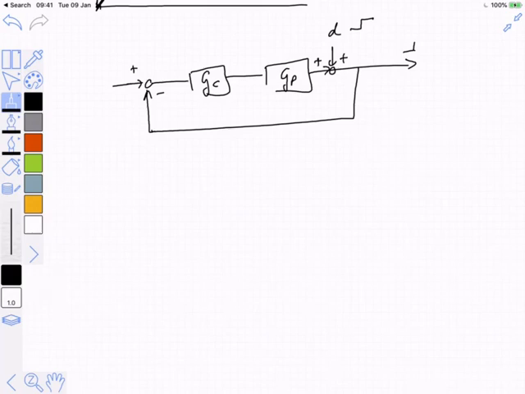As soon as D changes, because Y is equal to D plus whatever this signal is. At the moment when the disturbance steps, Y prime is 0. And so the output will jump immediately from 0 to 1.